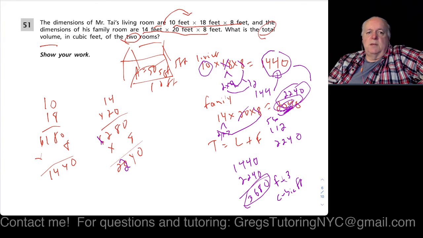By the way, we could have estimated some of this just to give us a ballpark as well. This was as if it was 10 by 20 by 10, right? What does that give us? That gives us about 2,000. You might argue 2,000 is a lot higher than 1440. It's an estimate. That's what estimates do.